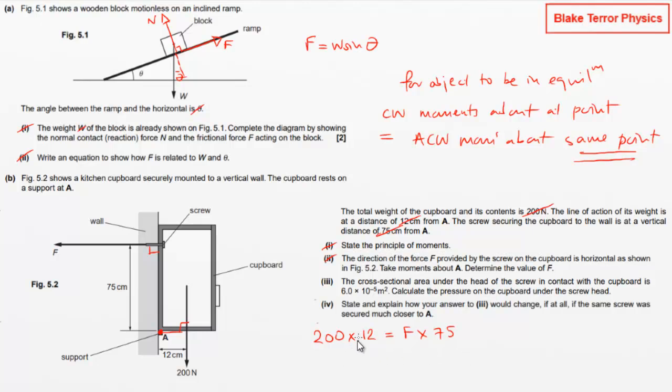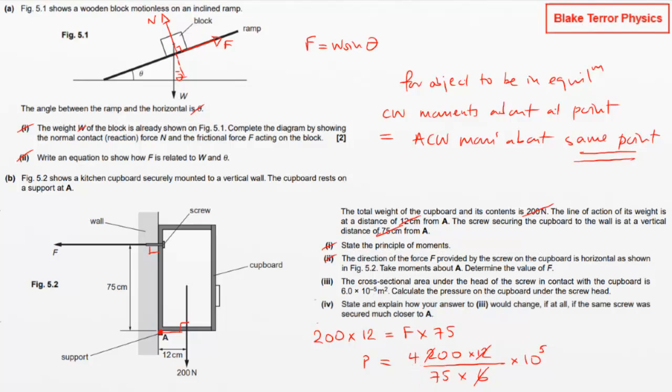So the pressure is going to be 200 multiplied by 12 divided by that 75, and then we need to divide by the 6, and let's multiply by 10 to the 5, as in we've already divided by that 10 to the minus 5. So let's make that a 2, so this will become a 400.